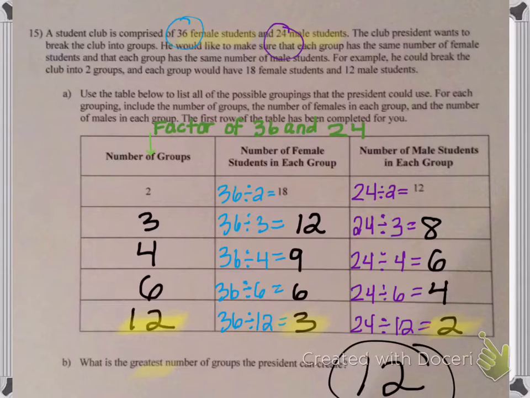So the greatest number of groups the president can create is 12. The number 12 is also the GCF, or the greatest common factor, of 36 and 24. So that's why it's the greatest number of groups that the president can create.